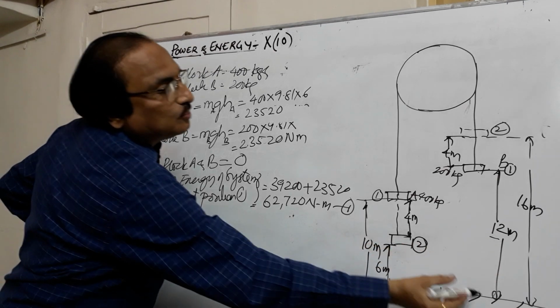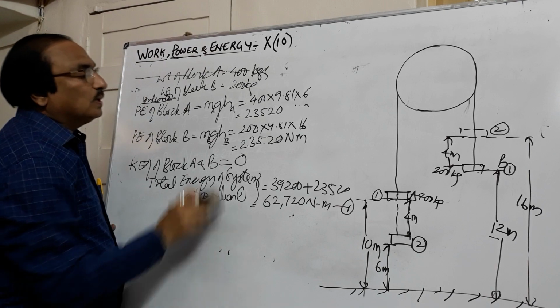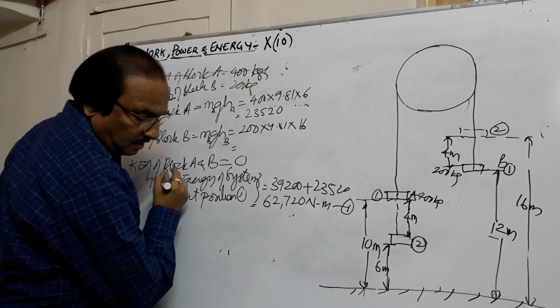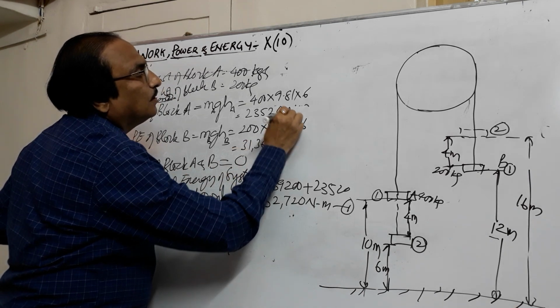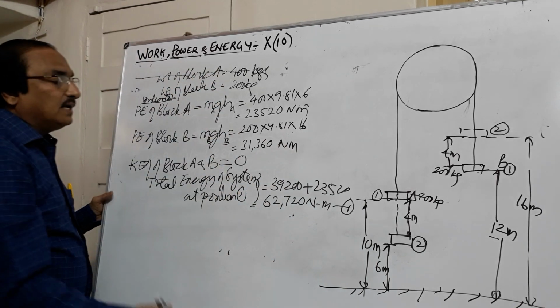The final height at position 2 is 16. If you multiply by 16, you get 31360 Newton meter.